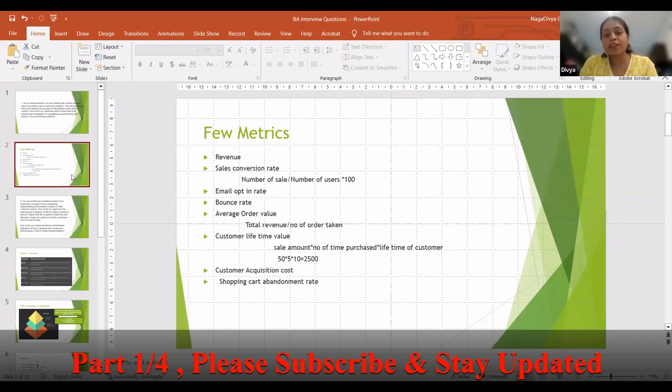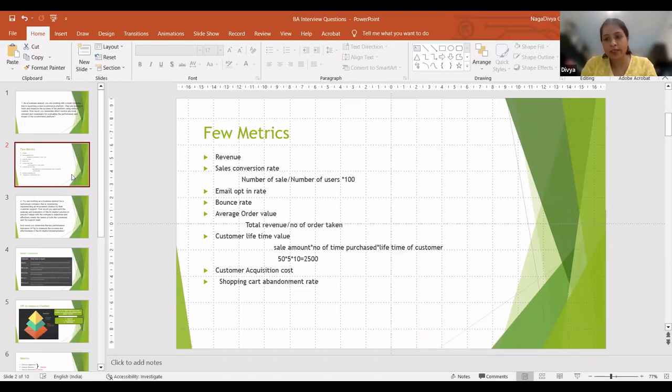The next is average order value. Average order value is the amount that has been spent on an average for a particular order when the customer visits the website. It's like total revenue divided by the number of orders taken.